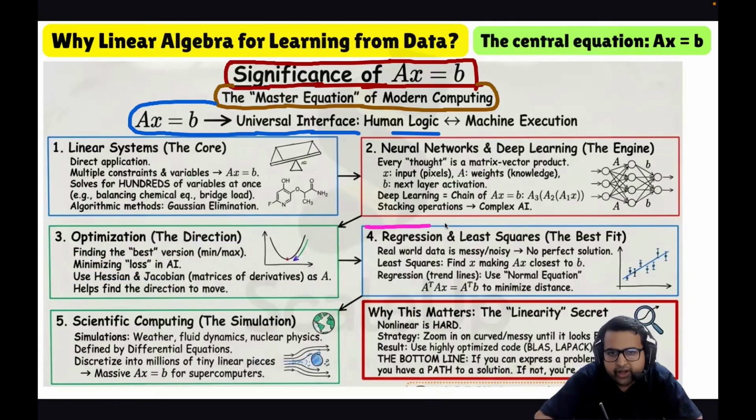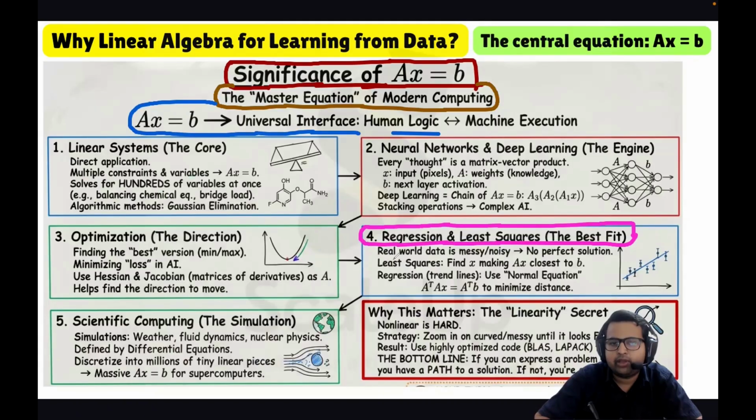In regression and least squares, the central equation Ax equals B helps us in giving the best fit. So in the real world, Ax equals B usually has no perfect solution because the data is messy and noisy. So no perfect solution we can expect.